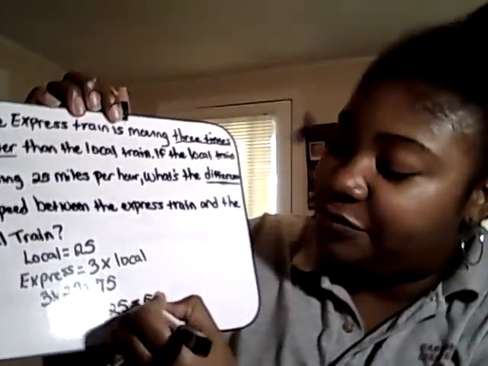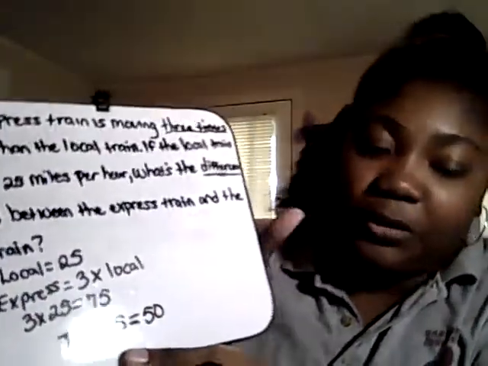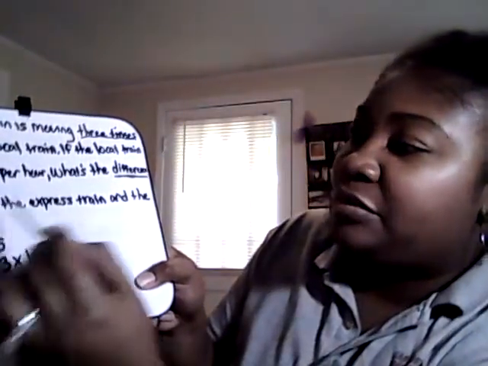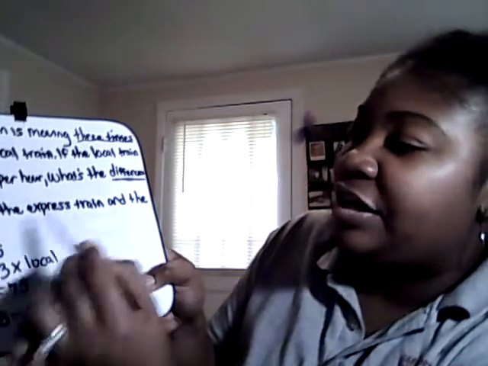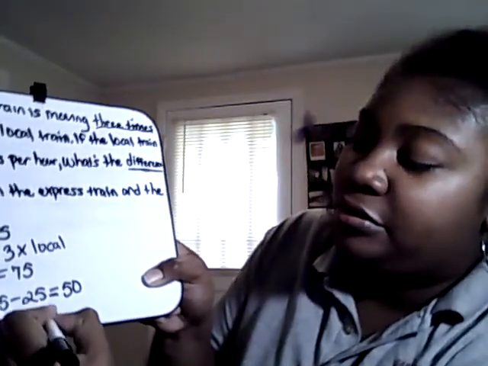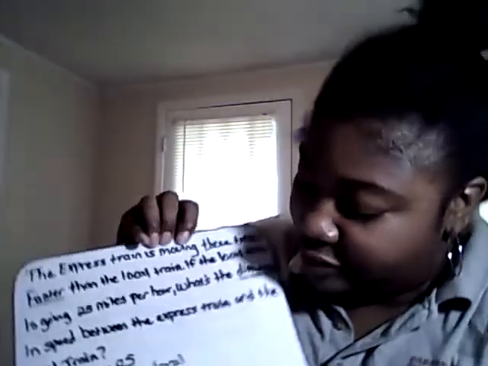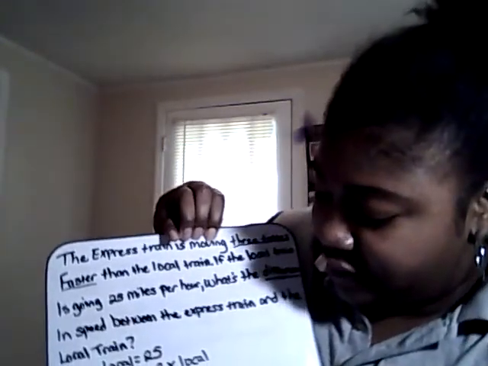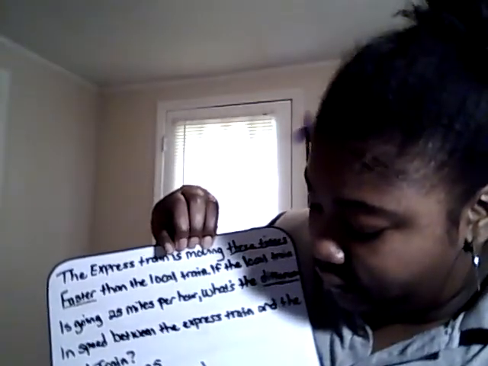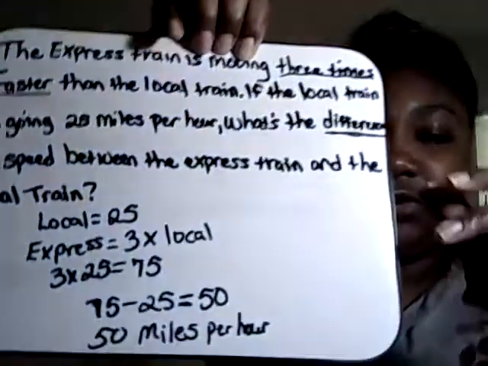It's 50. So what is the difference in speed between the express train and the local train? It is 50 miles per hour. So that's the difference between each train.